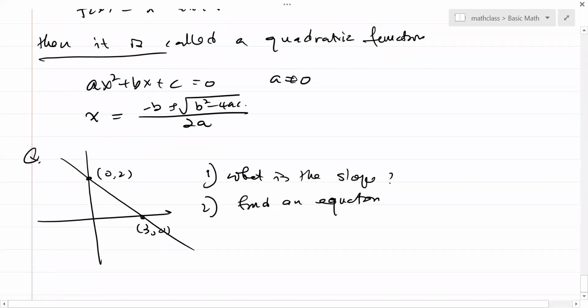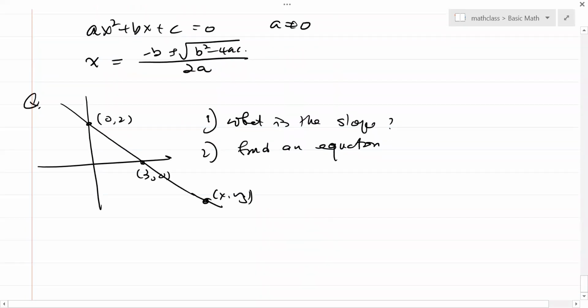Find an equation for the line actually means find the relationship between x and y for the coordinates of the points on the line. If you still remember something about linear equations and graphs, then please work out this part.